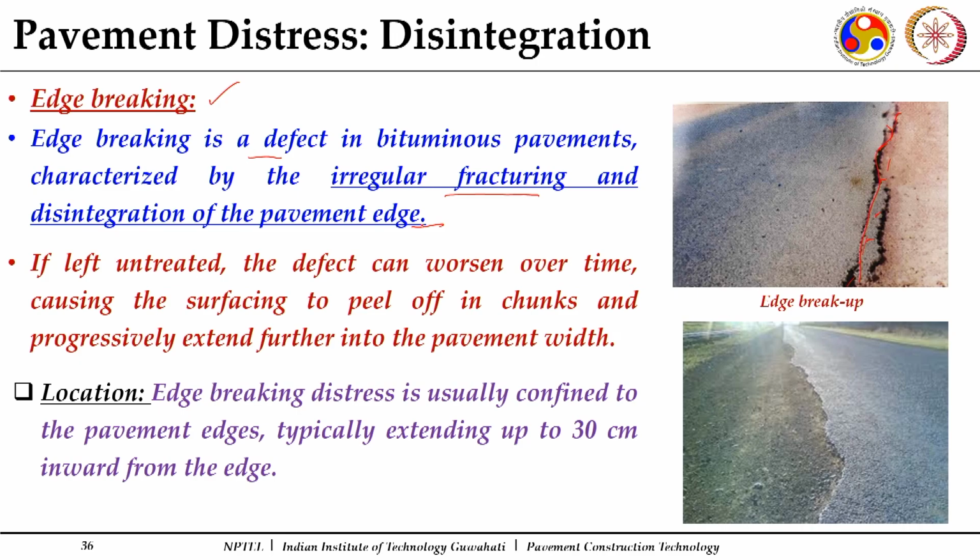Usually it happens very near to the pavement edges, within around 30 centimeter from the pavement edge. If left untreated, it gets further worsened with time, these chunks get removed in due course of time, and it effectively reduces your pavement width. So this is edge breaking, typically confined to the pavement edges and extending 30 centimeter inward.